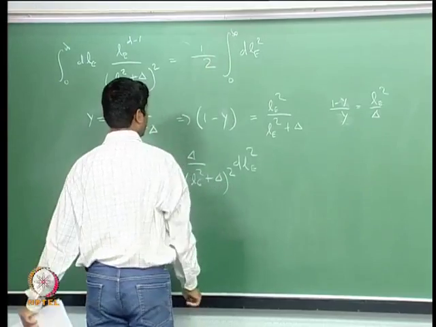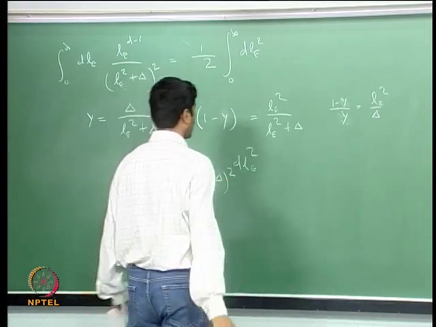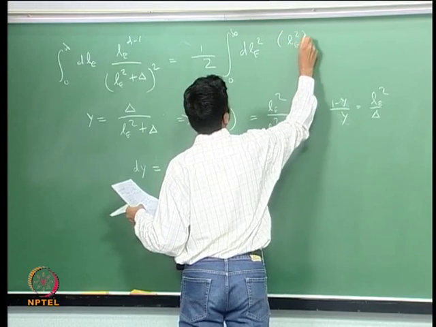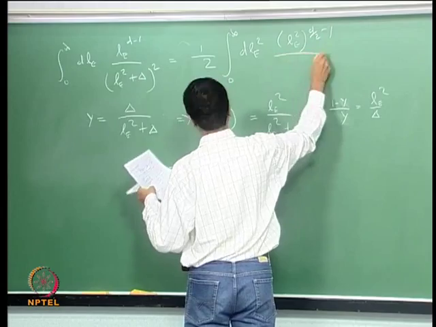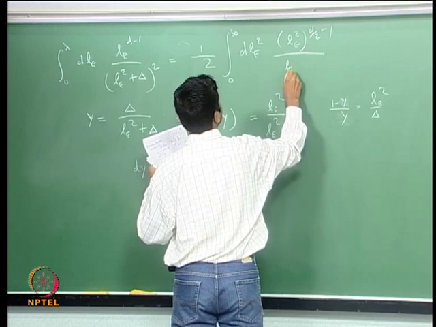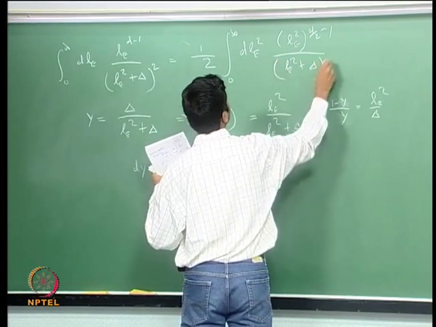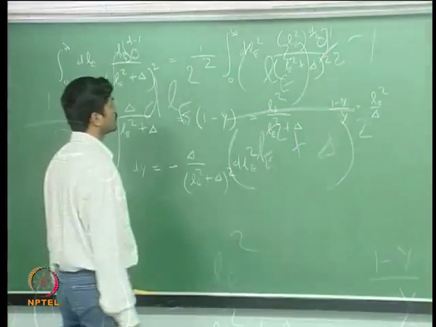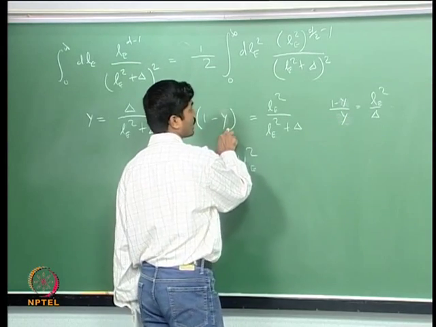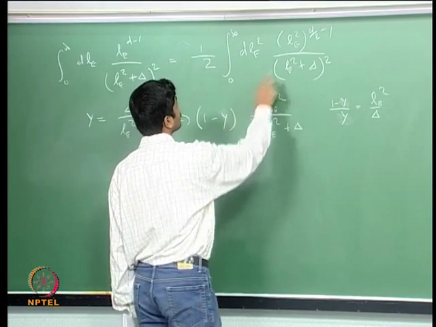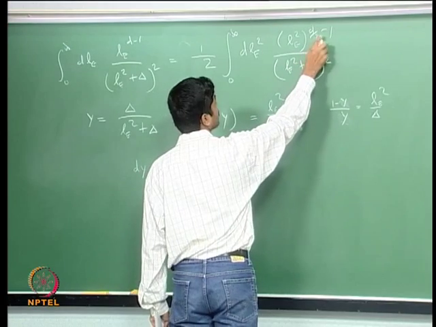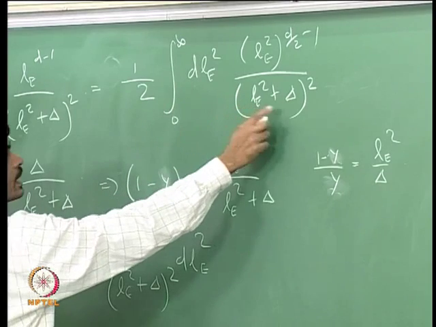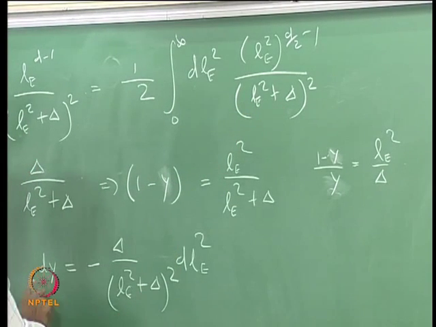It is better to use the variable d l_E square, because I have a d l_E square here, l_E square to the power d by 2 minus 1 divided by (l_E square plus delta) whole square. And now, l_E square is nothing but proportional to 1 minus y. So, you will get a factor of (1 minus y) to the power d by 2 minus 1, and d l_E square over (l_E square plus delta) whole square is nothing but dy.